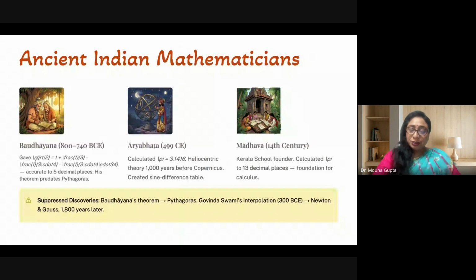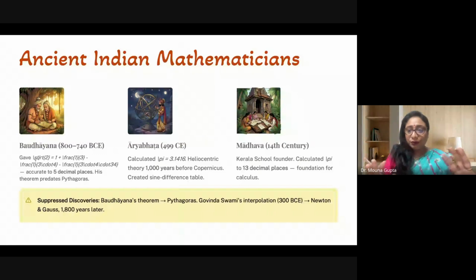But do we know that Pythagoras came into existence much later? Bodhayana had already given this theorem, and I'm very sorry to say we have studied it as the Pythagoras theorem. Now I can see NCERT is coming up with a changed version, and they have rectified it. This was actually a theorem given by Bodhayana.